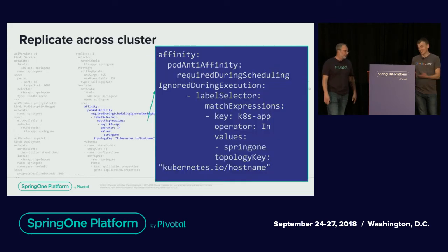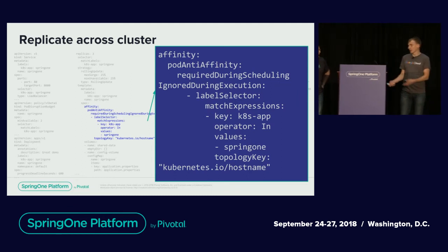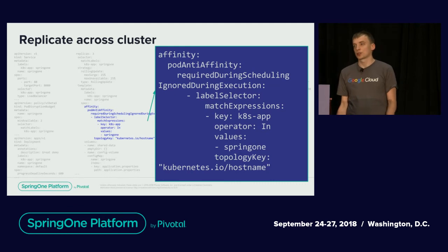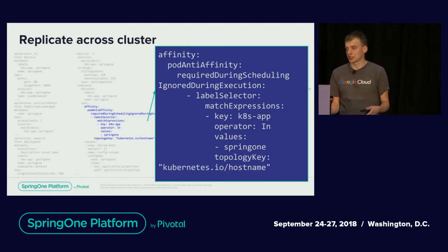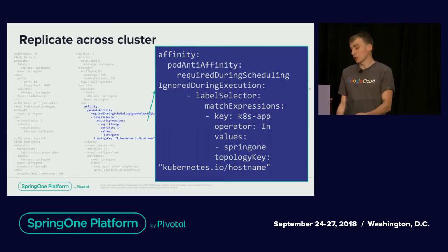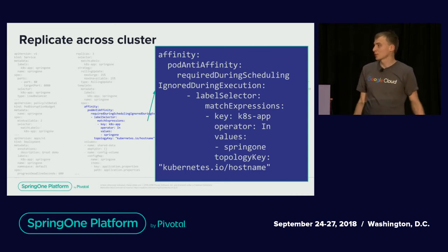I got affinity rules, the affinity and anti-affinity rules. This is an example from the documentation of how to spread out your deployment across the cluster and deploy it on different nodes. It can be required, and it can also be preferred. Preferred will try to scale on different nodes, and required will force it to.